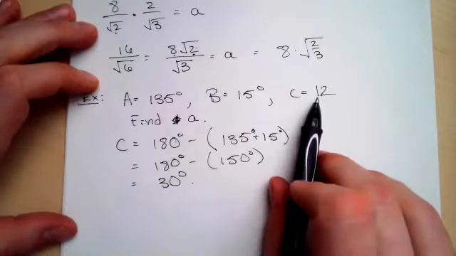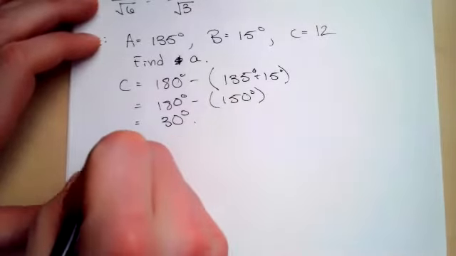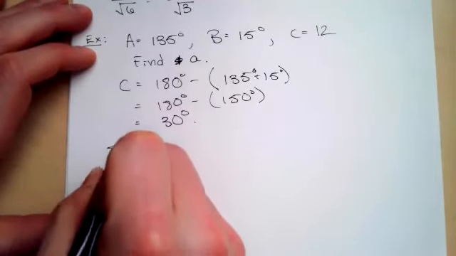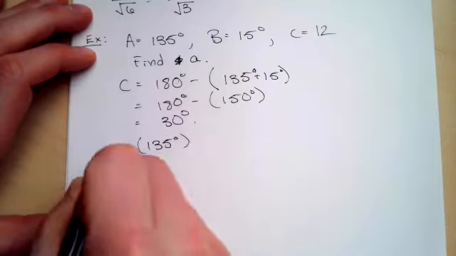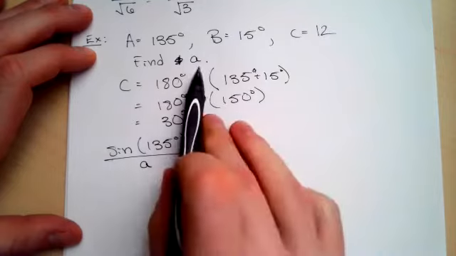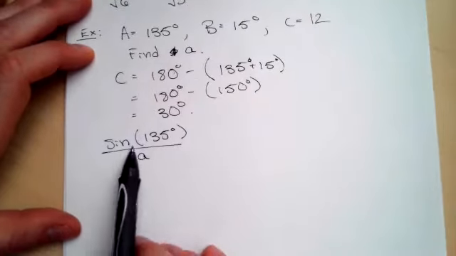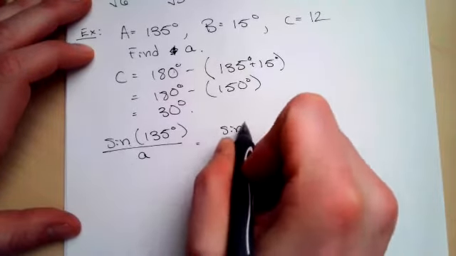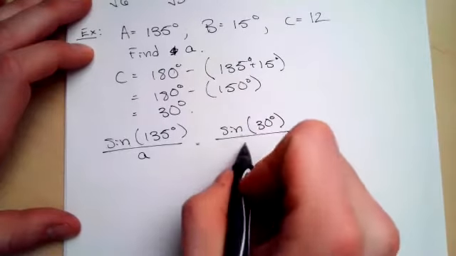Now that we're given angle C and side length C, we can set up our ratios with the law of sines. So this is going to say sine of A divided by A. Since we want to find A, we're going to have that part in our equation. Sine of angle A divided by side length A is going to be the sine of C over side length C.